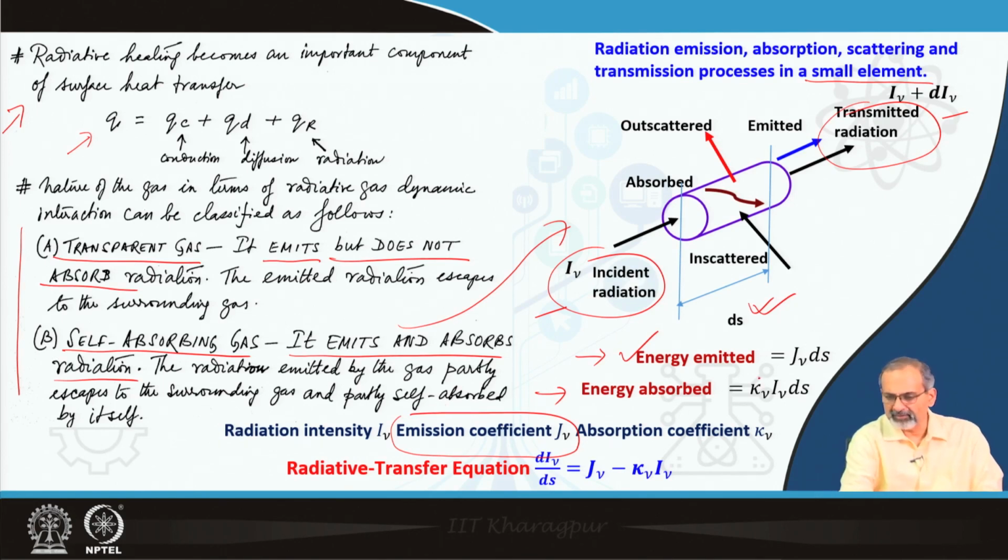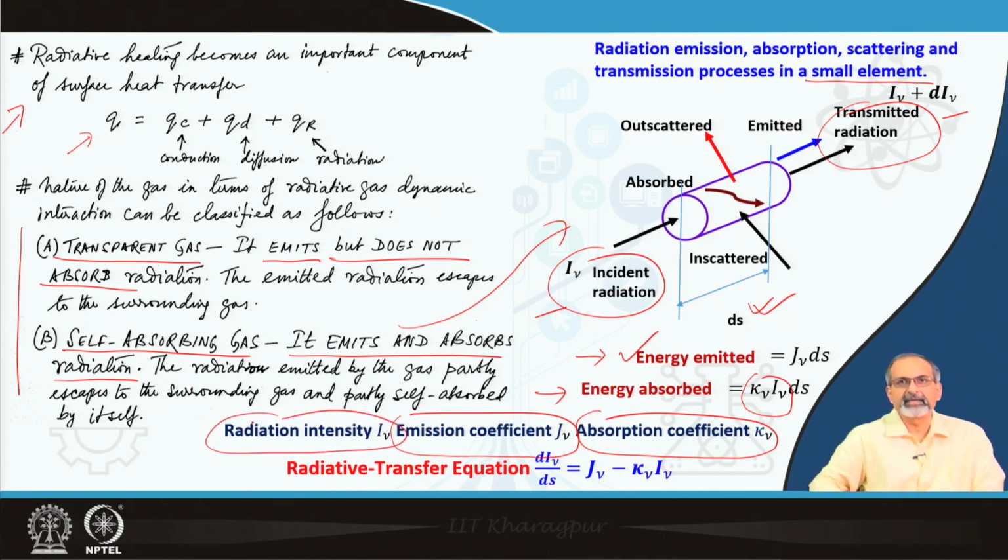The energy absorbed is k_nu times I_nu times ds. k_nu happens to be the absorption coefficient, I_nu happens to be the radiation intensity, and when we put the effects together we end up getting the radiative transfer equation, which is given by dI_nu/ds equal to J_nu minus k_nu times I_nu.